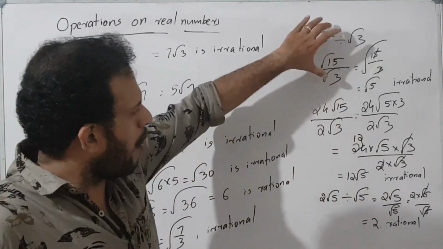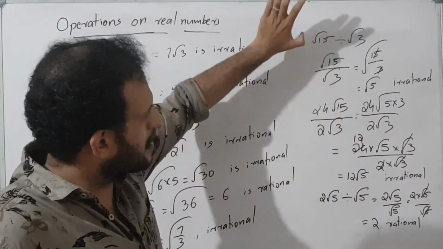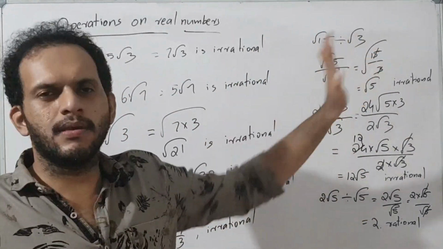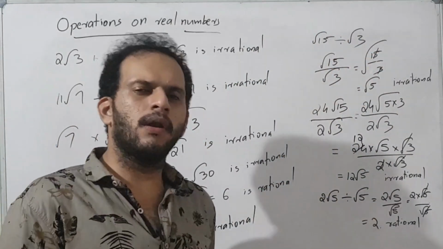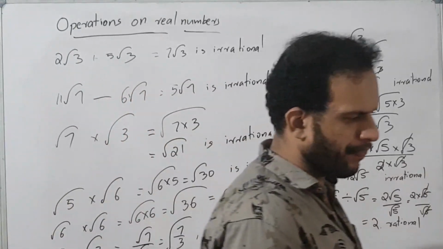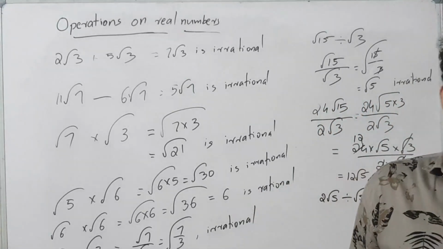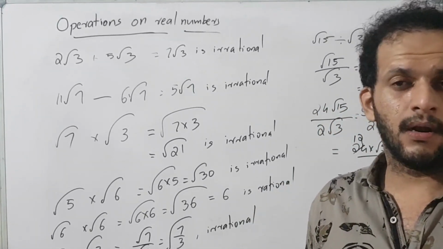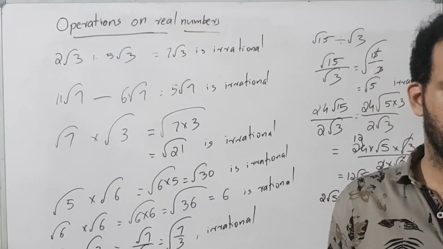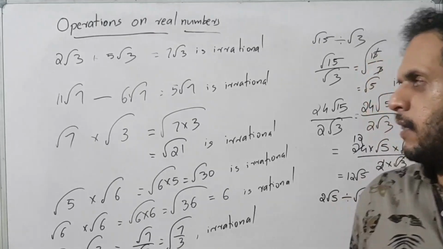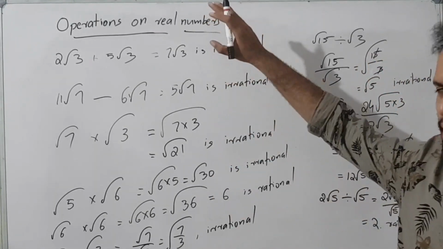That means in all these cases, in the first 3 cases we got the division result as irrational. But in the last we got a rational result. Then what does it mean? If we divide two irrational numbers, the result may be rational or irrational. Okay? Then what is the idea, my dear children, please listen. What idea do we get from here?